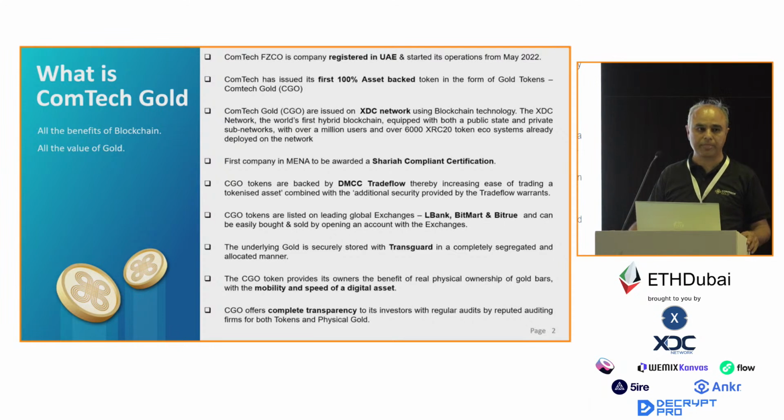Now, to build more of a security layer, when you need to withdraw this gold, these tokens are easily encashable and can be withdrawn. To withdraw, you just have to come with 1,000 tokens to us, and we can convert back to physical gold and give it back to you.